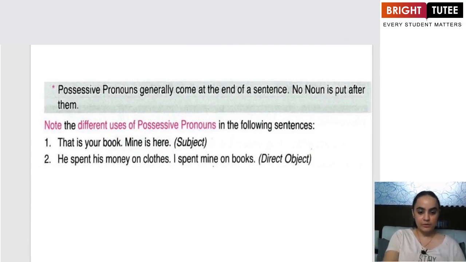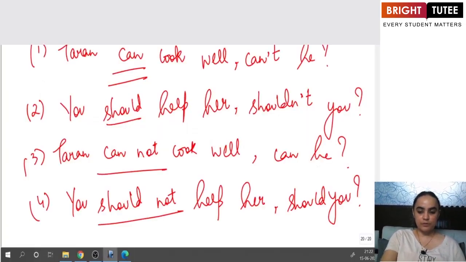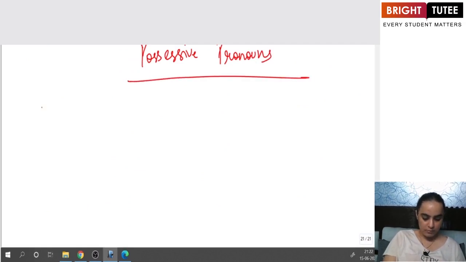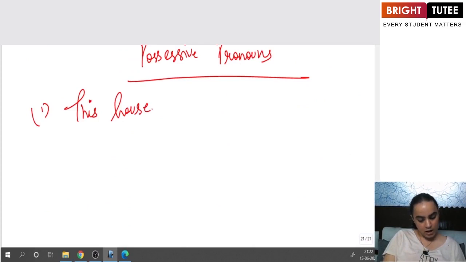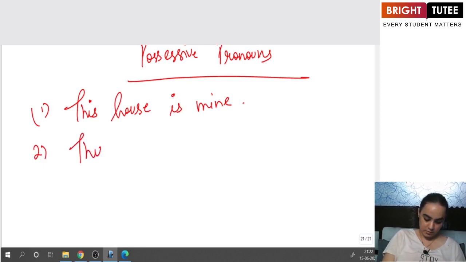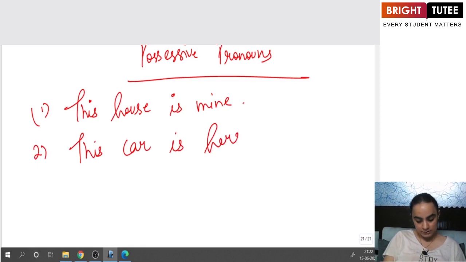For example, if I give you the examples of possessive pronouns: this house is mine. This car is hers.